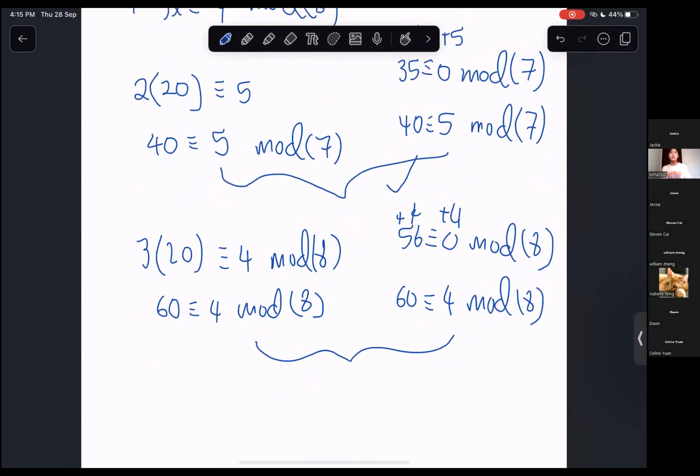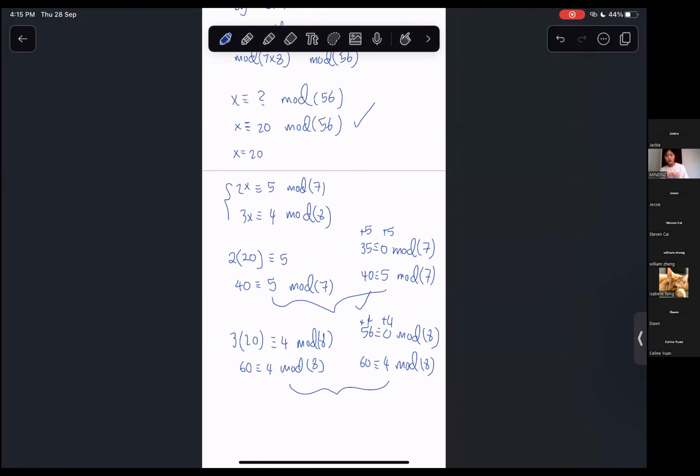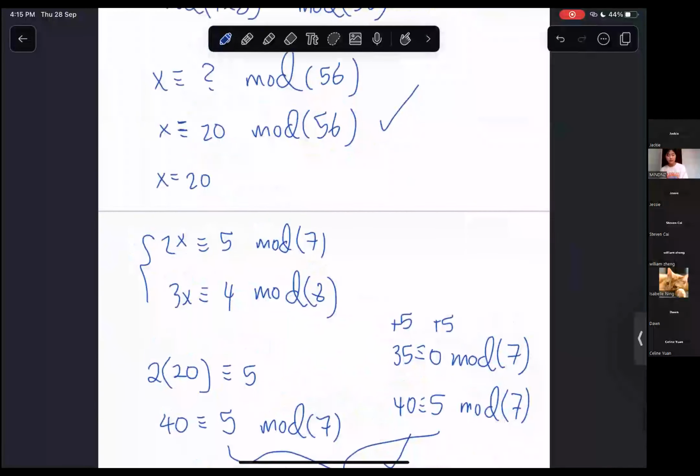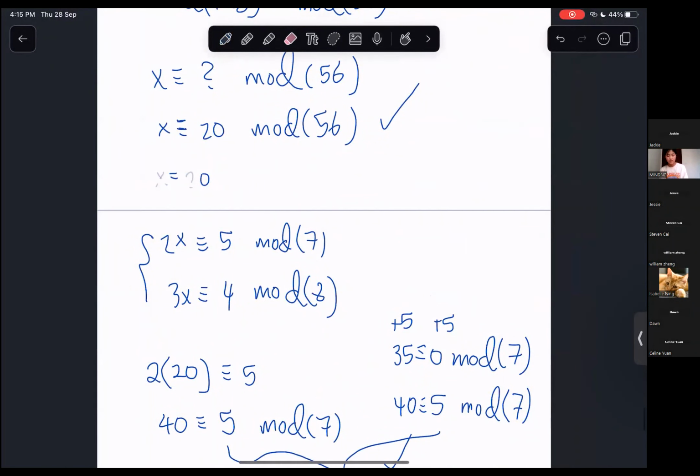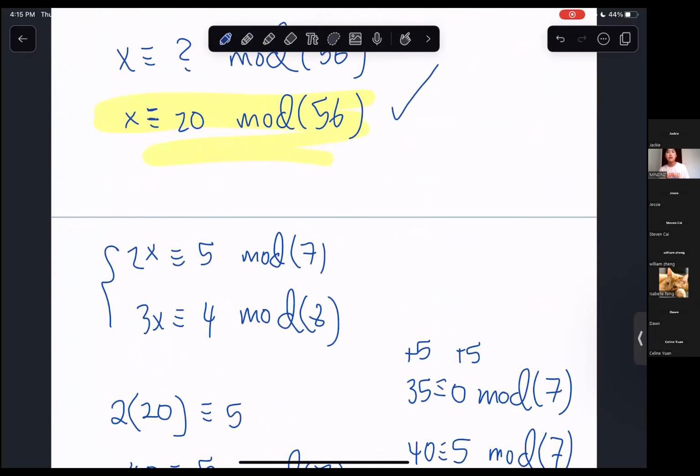So we're pretty certain that our solution, at least our congruence solution, is correct, because at least the smallest one we can think of, x equals 20, satisfies it. But it's not just one solution. It can be equal to 20, like we tested before.